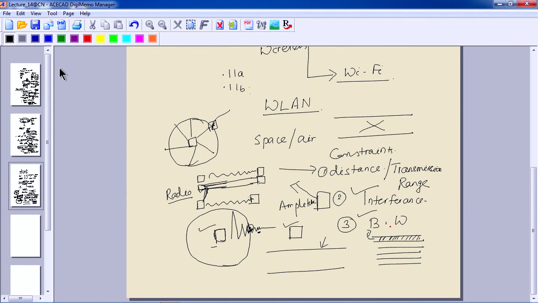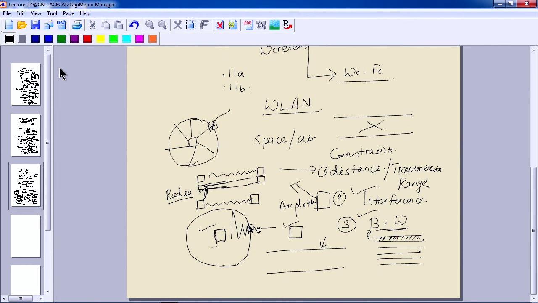And this bandwidth has to be used again by millions of nodes in the network, because when it comes to wireless and today's scalable network, millions of nodes are connected. So, how do you allocate this small bandwidth to a single node without any interference to transmit, and for how long can it be allocated? That is another challenge.